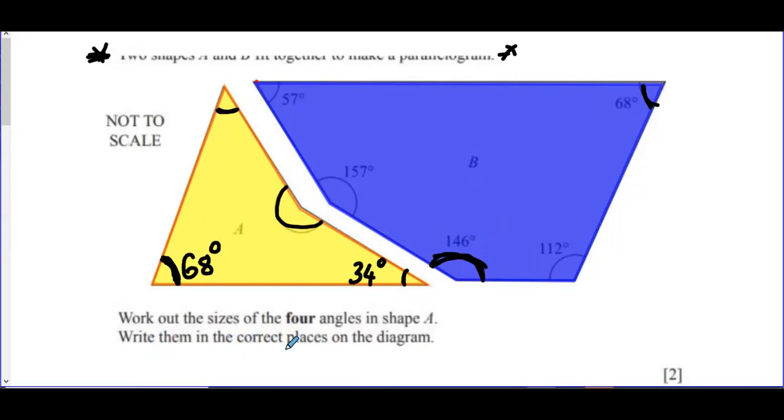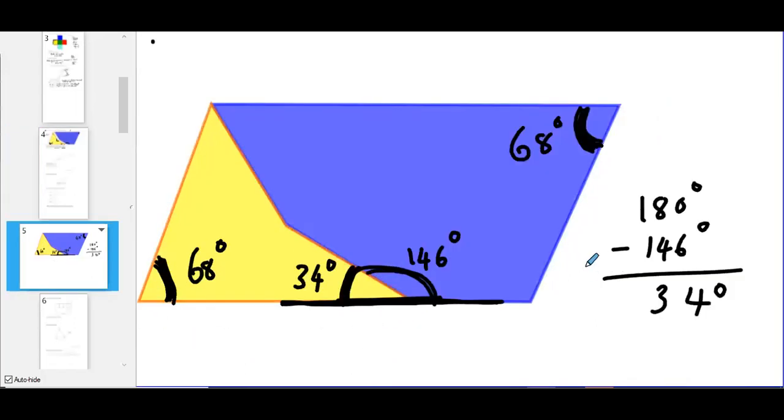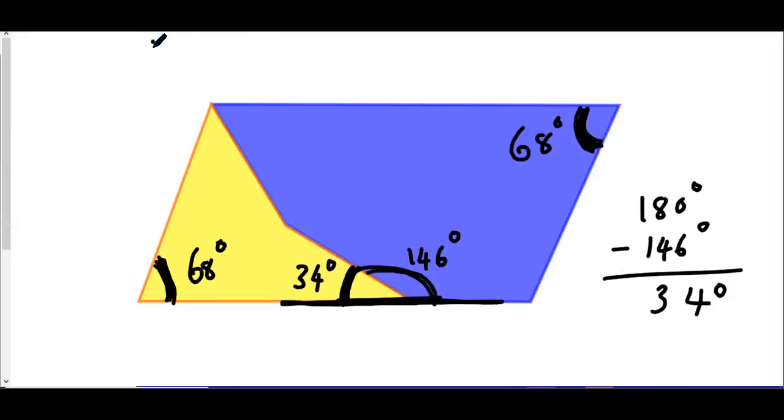So write them in the correct places on the diagram. Okay, let me check this angle here. Now let us go back to our combined shape. See what is happening here. This angle here plus the other angle down there, can you see that they make 360 degrees? Because these are angles around a point.